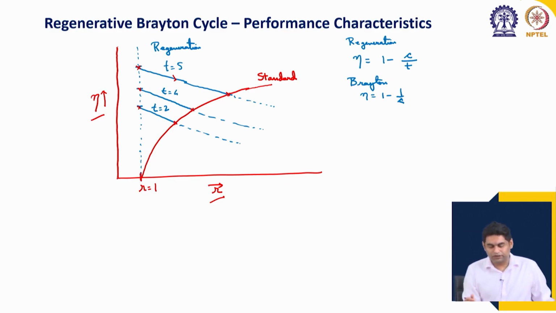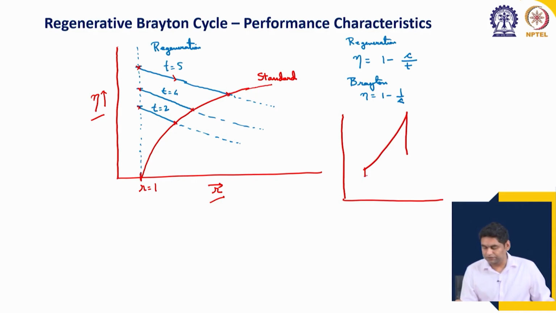The reason is what physically happens in a regenerative cycle. So, I have a regenerative cycle here. Physically, what happens if I keep on increasing the value of R? Let us say this is 5, this is 6.